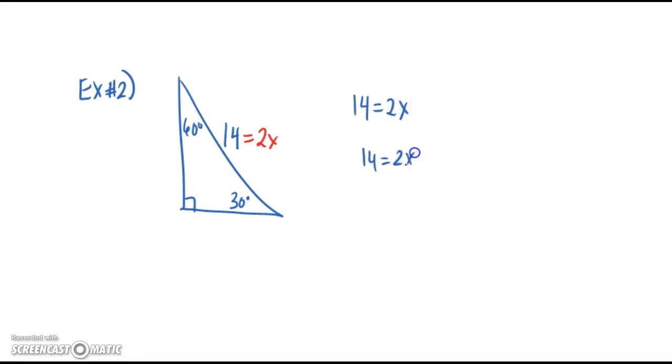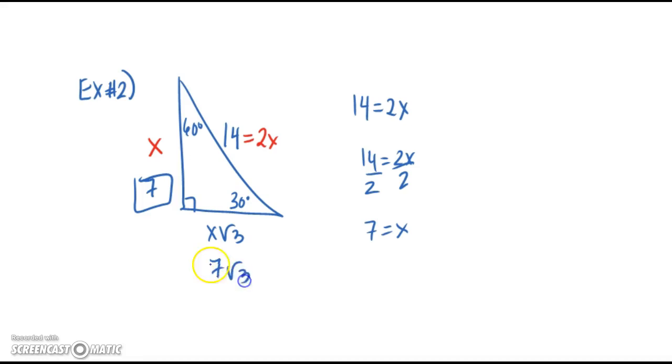Dividing both sides by 2, we can see that x equals 7. So now we're going to find the other sides. Across from the 30 is x, and we can replace that x with 7. And across from the 60 is x root 3, and if we replace that x with 7, 7 root 3 is our other leg.